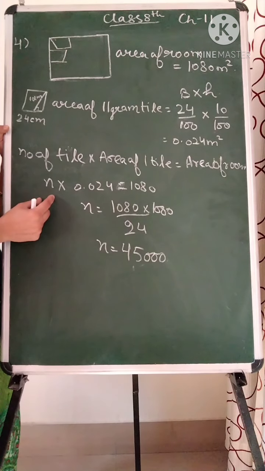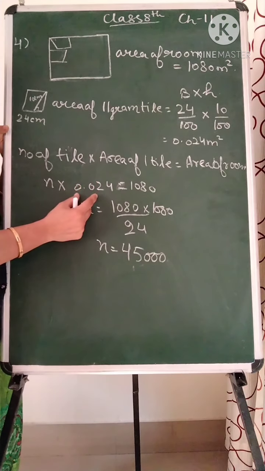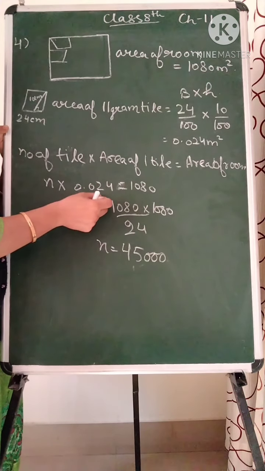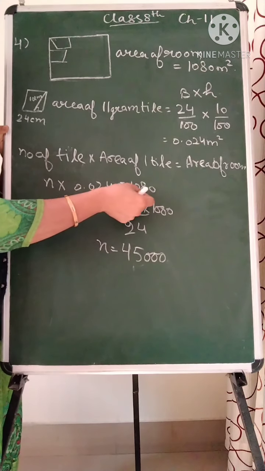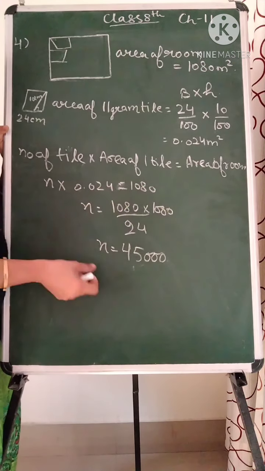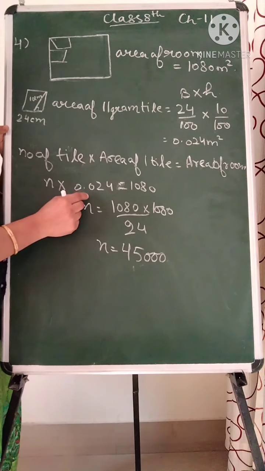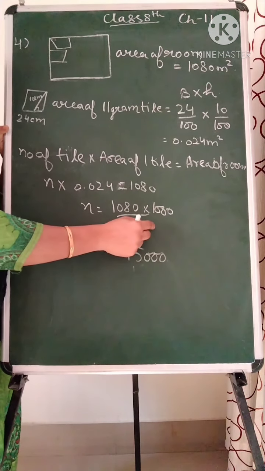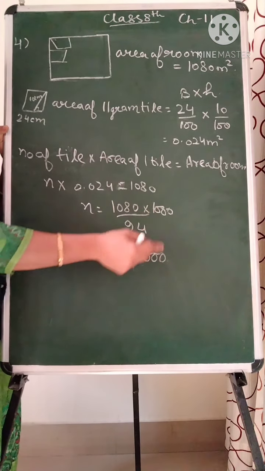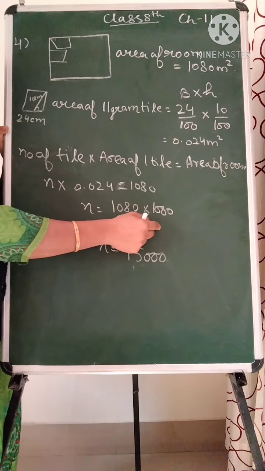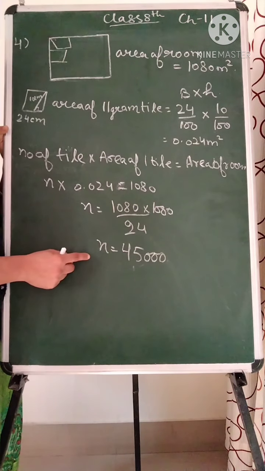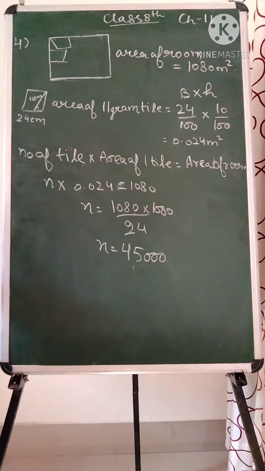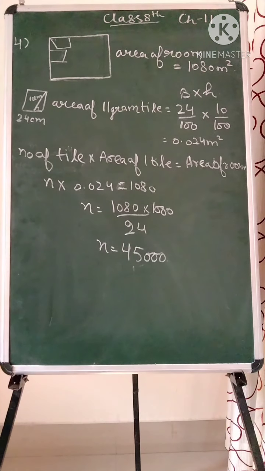N will stand for the number of tiles, and area of one tile is 0.024, so N times 0.024 is equal to 1080. Then 0.024 will come in division form, and leave the decimal form. After solving the calculation, you will get 45,000 tiles needed.